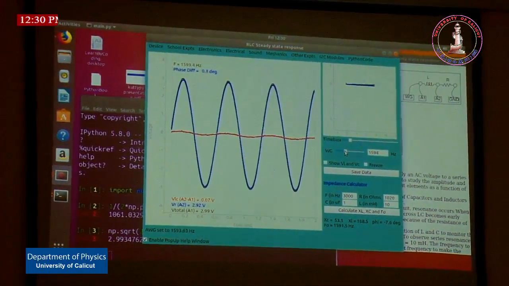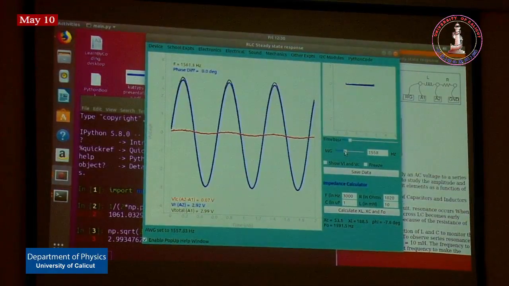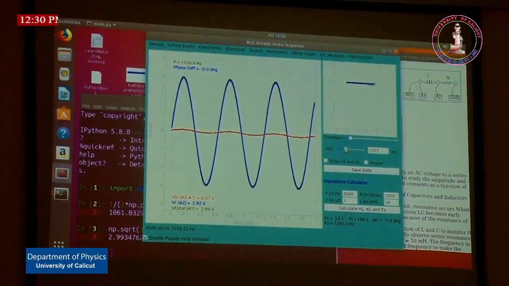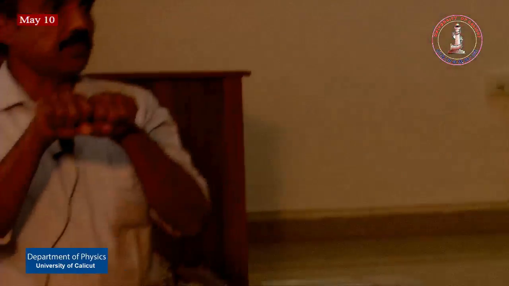Now the phase difference is 0, right? That means you have 1 micro and 10 millihenry in series, and across these two elements together we have 0 phase shift. That means it is the resonance point.